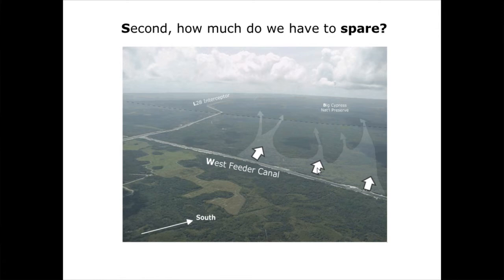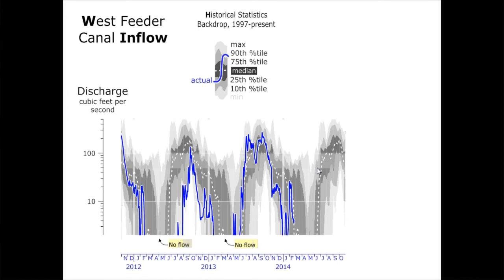So the second is how much water do we have to spare on a monthly basis going over the west weir, because arguably we're going to be taking water that's going over the west weir and diverting it south. So here's a hydrograph of the west weir inflow. Again, the back grayscale is the historic stats, and the blue line is what's happened since 2012.